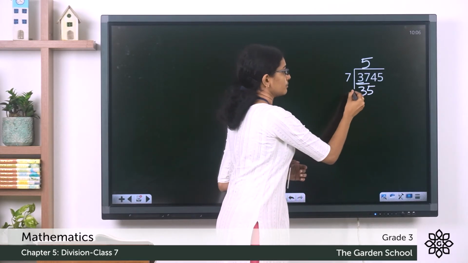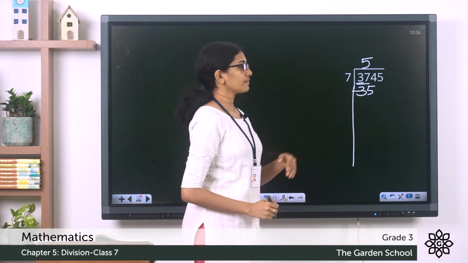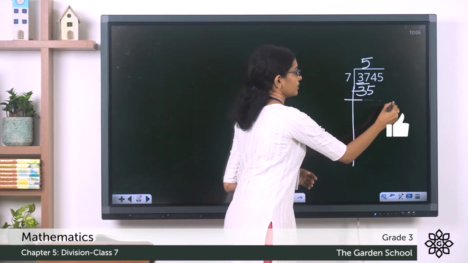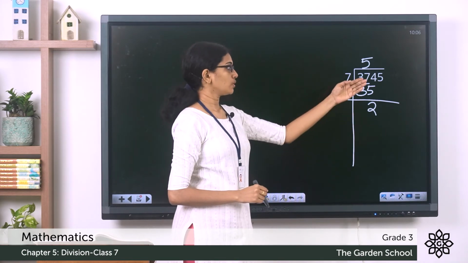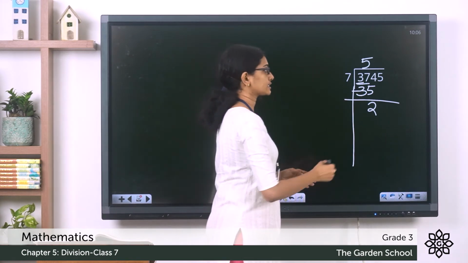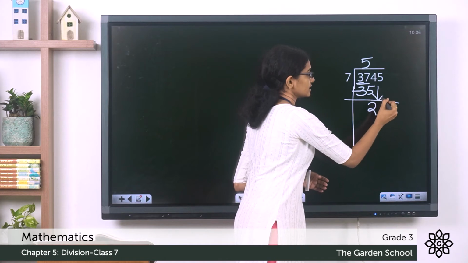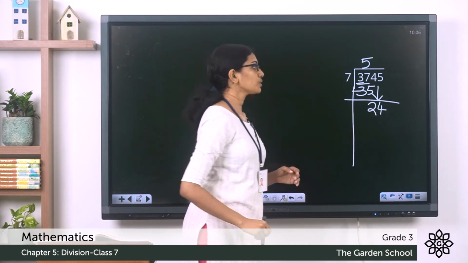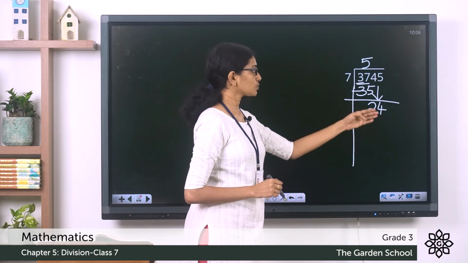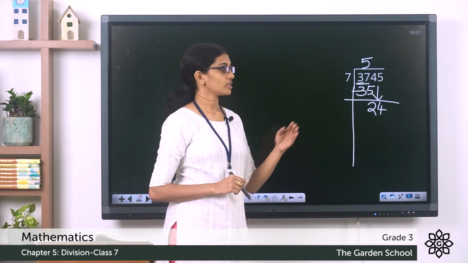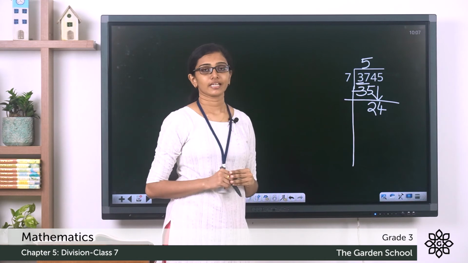Now subtract the numbers. 37 minus 35, and we get the number 2. The difference is 2. The next step is to bring down the next digit. So bringing the next digit, which is 4. Right now we have 24 here. Now the next step is to divide this 24 by this 7. 24 divided by 7.